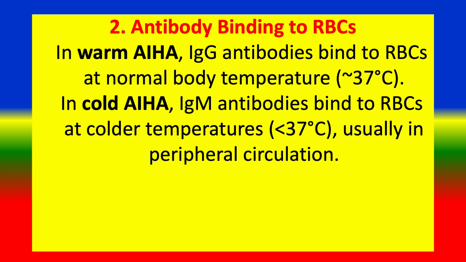Antibody binding to RBC. In warm AIHA, IgG antibodies bind to RBCs at normal body temperature, 37 degrees Celsius. In cold AIHA, IgM antibodies bind to RBCs at colder temperature, less than 30 degrees Celsius, usually in peripheral circulation.